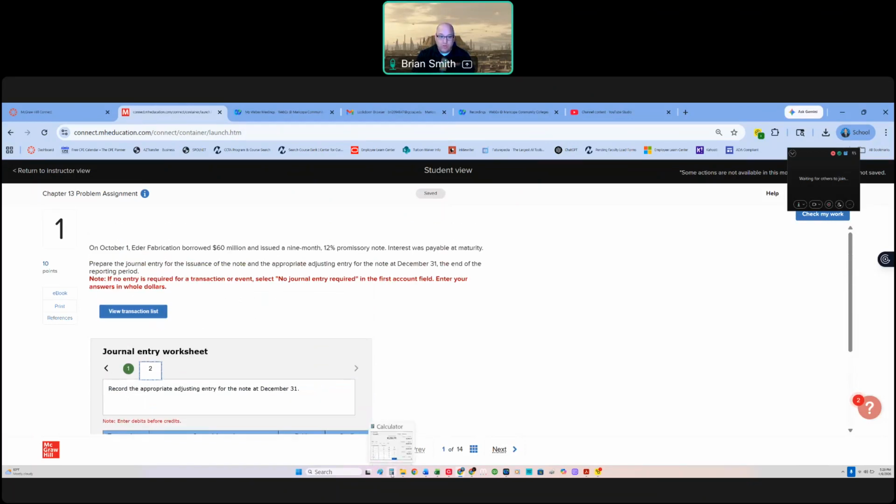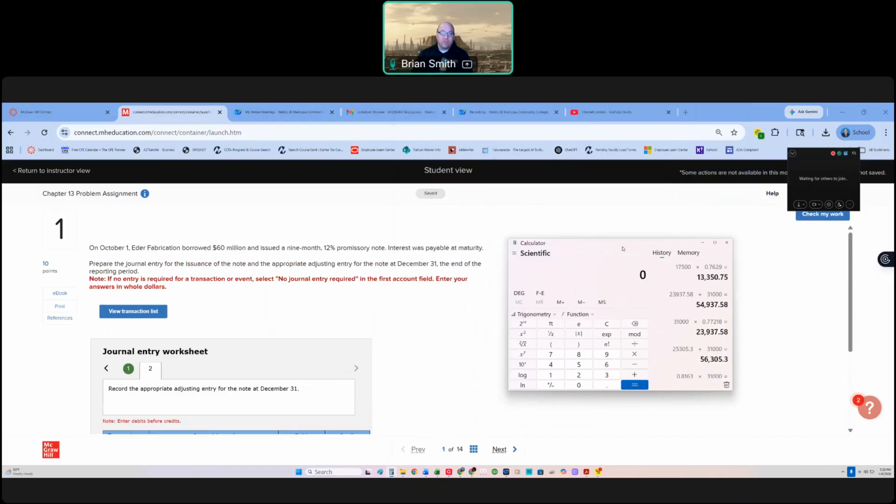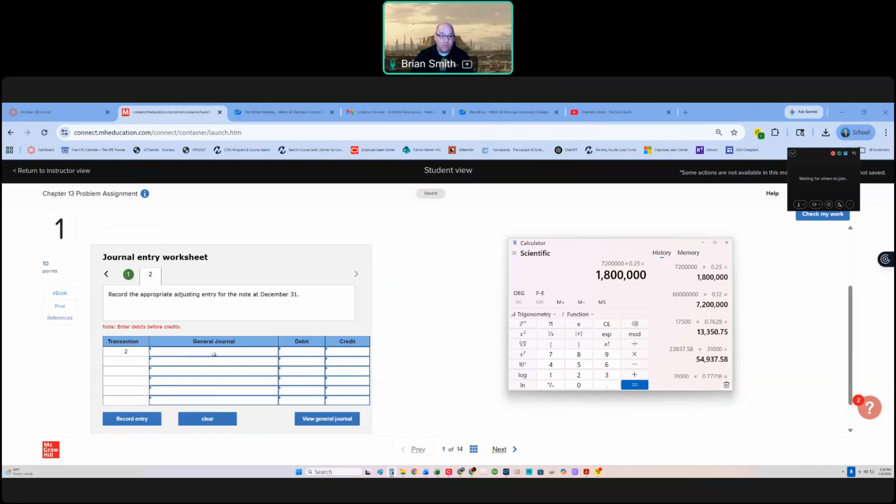Let's go ahead and do this calculation-wise. So we have 60 million times 0.12. And then we're going to take that amount and multiply it by 3/12, which is 1/4. So I'm going to multiply that by 0.25 because that is the decimal form of that. And I get $1,800,000.